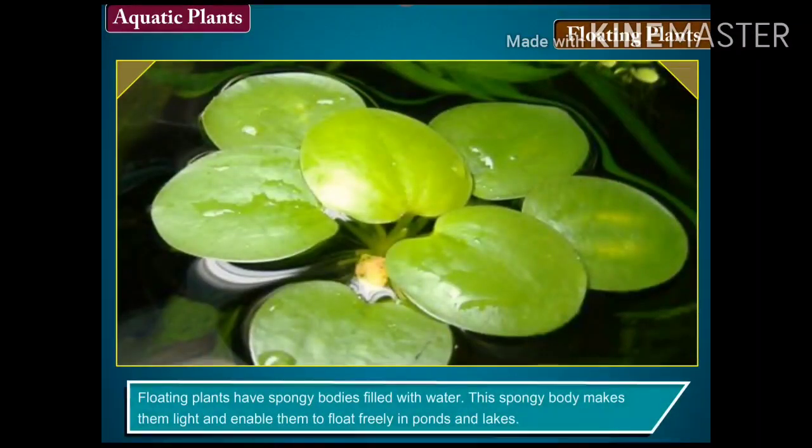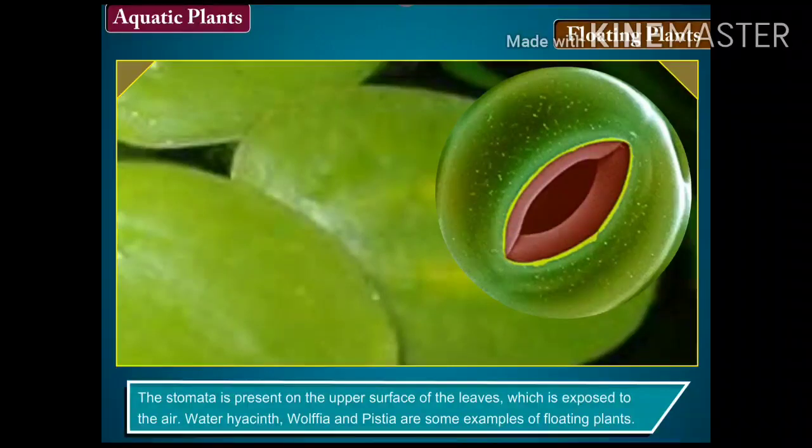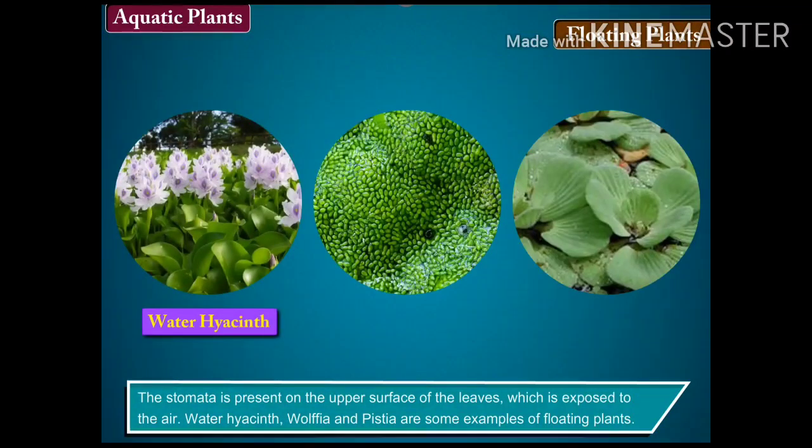The spongy body makes them light and enables them to float freely in ponds and lakes. The stomata are present on the upper surface of the leaves, which is exposed to the air. Water hyacinth, Wolffia and Pistia are some examples of floating plants.